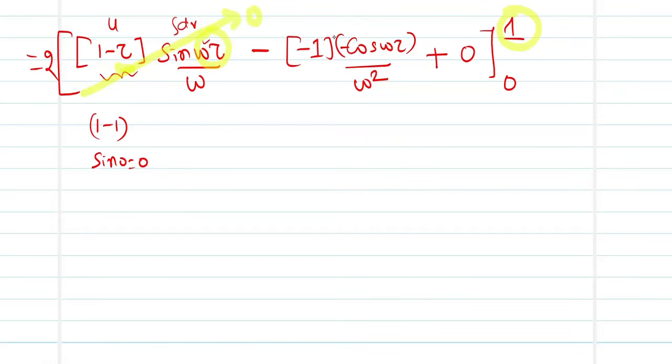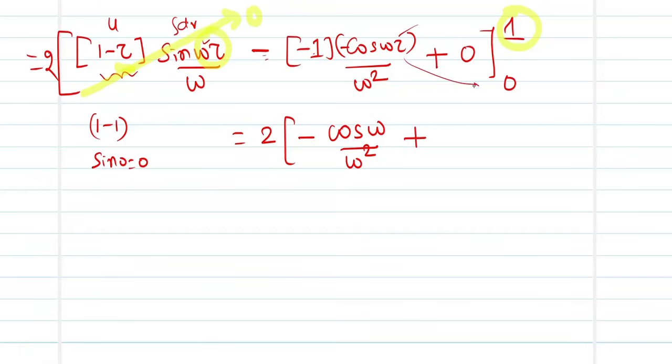So I just have one term left for substitution. Let me substitute this term. 2 times of 1, 2, 3, so that makes it a negative sign. Give your value of tau equal to 1: cos omega divided by omega square. So this is my upper limit minus lower limit, and there is one more negative, so this will become plus.